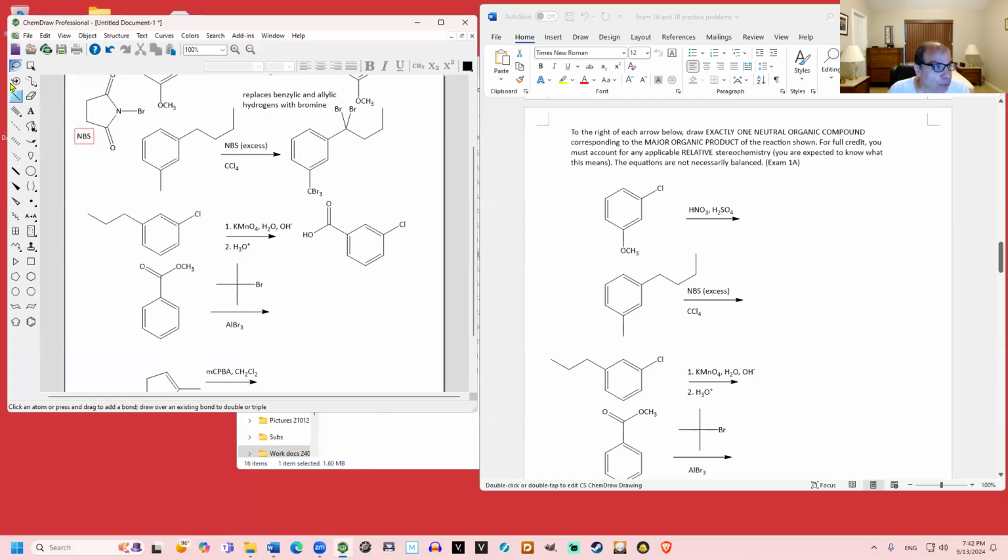The only exception to this is if the benzylic carbon is quaternary. So if, for example, our starting material looked like this, if that were a quaternary carbon, no reaction.